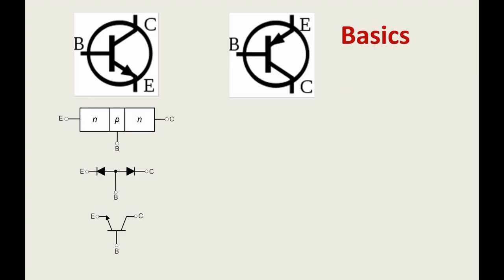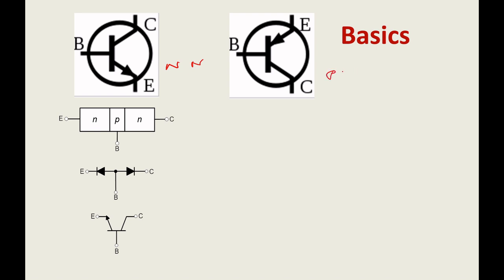Okay, so when you look at this slide, you can find two different types of transistor. One is NPN and the other is PNP. Obviously, by looking at the direction, you can find the types. So no doubt about it, right?